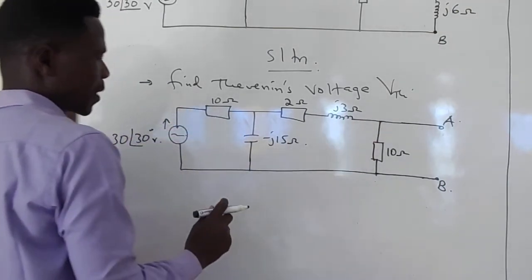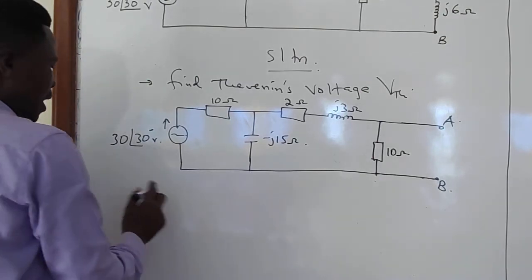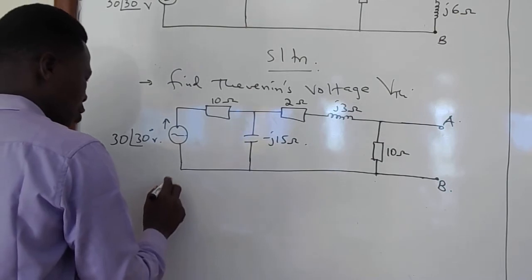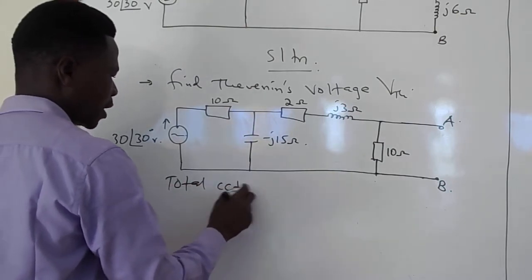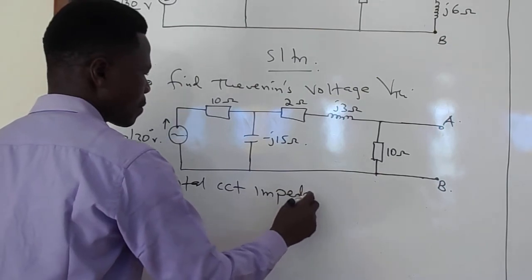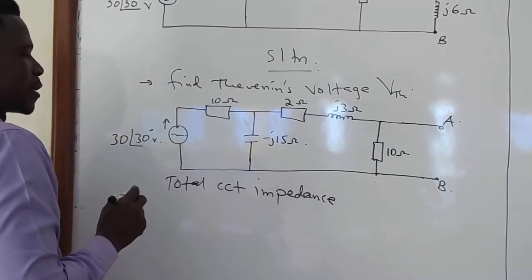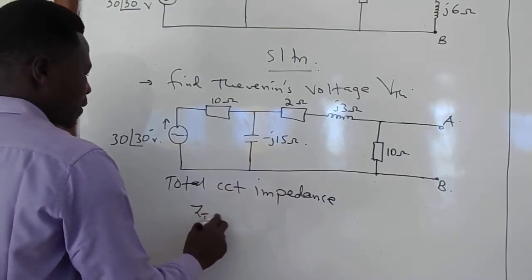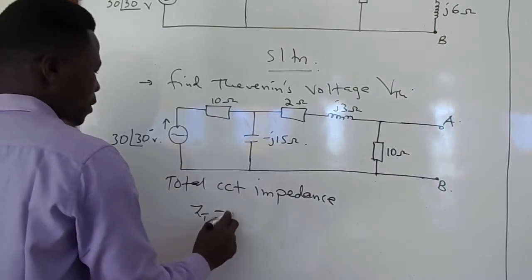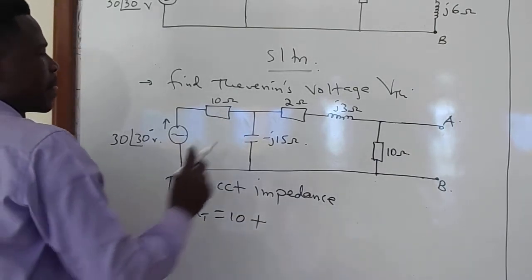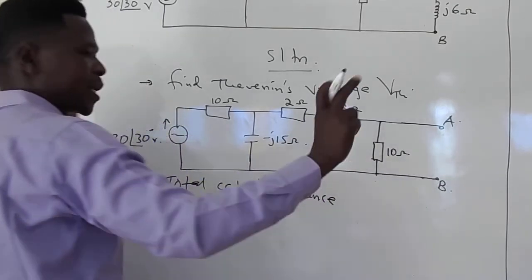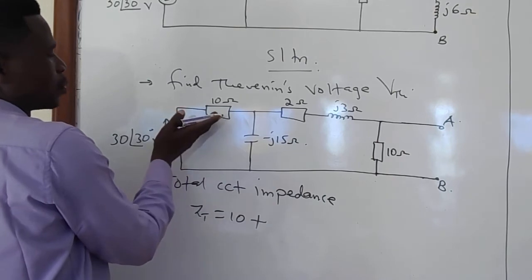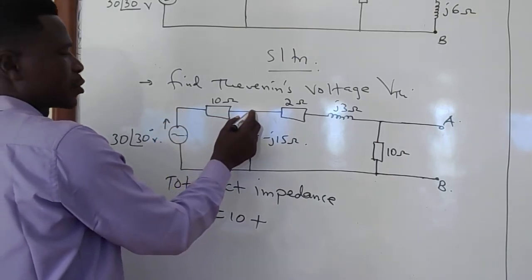We'll now start by getting the total circuit impedance. The total circuit impedance is given by the 10 ohms plus, now being that AB is an open circuit, the current that is supplied will pass through 10, then reaching the junction, it will split into 2.